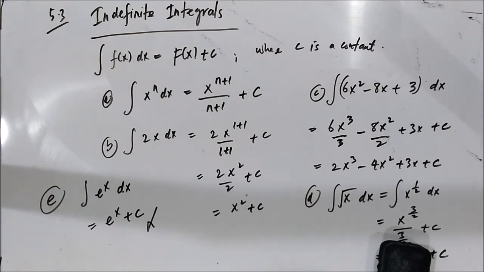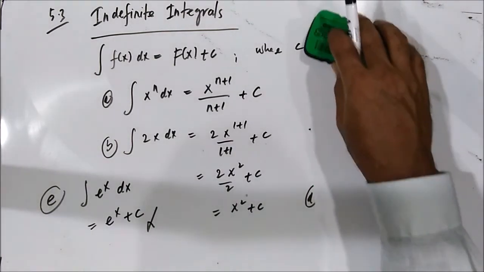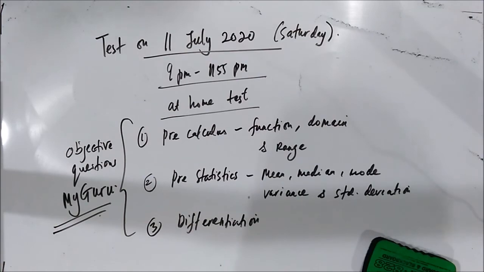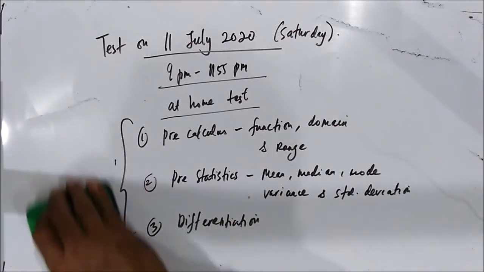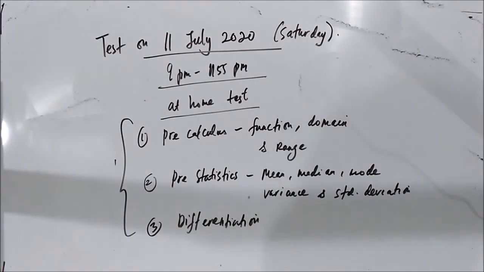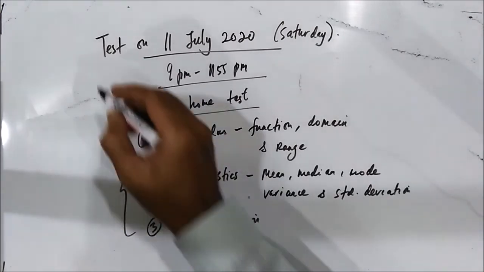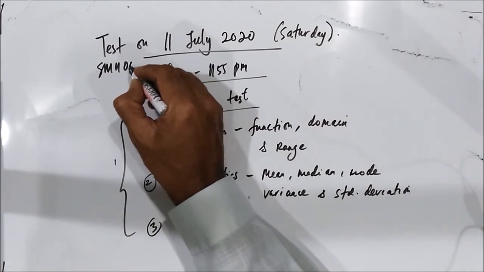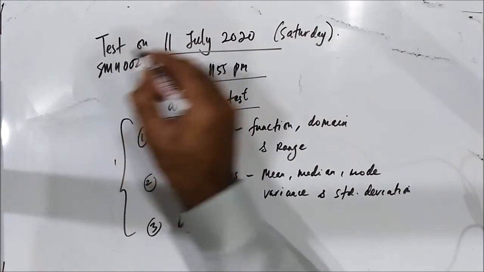In addition to the assignment I gave you just now, there will be a test on the 11th of July. Okay? So I will give you a test on 11th July. There will be a test on SMU0023.